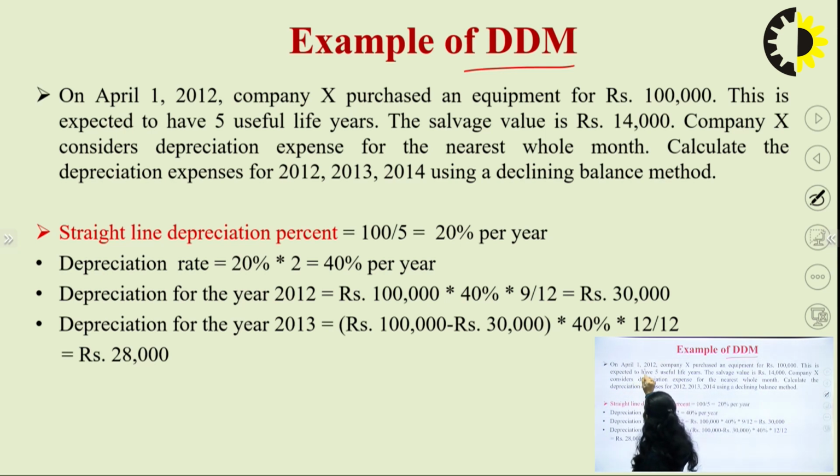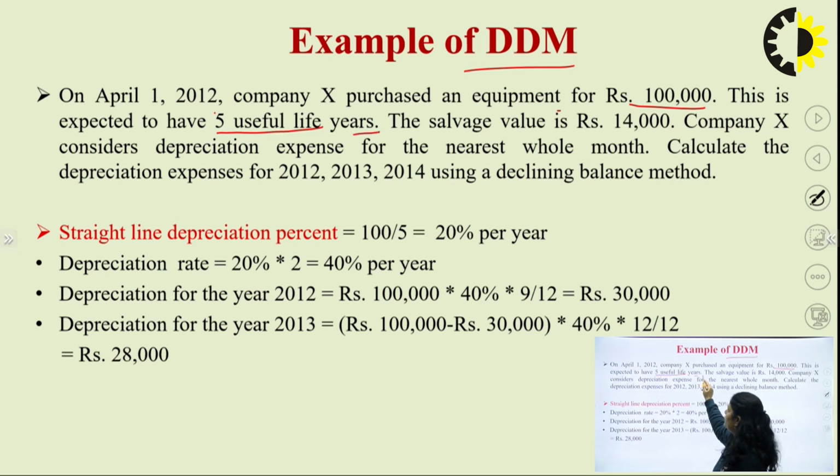On April 1st, 2012, company X purchased an equipment for rupees 1 lakh. This is expected to have 5 useful life years. So, the life of the equipment is given as 5 years, and the cost of equipment is given as rupees 1 lakh.